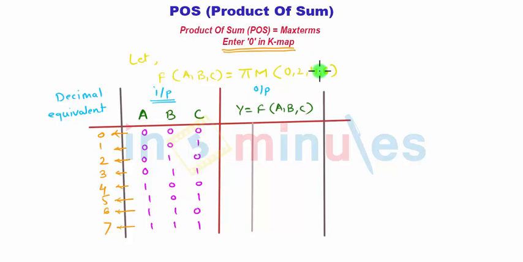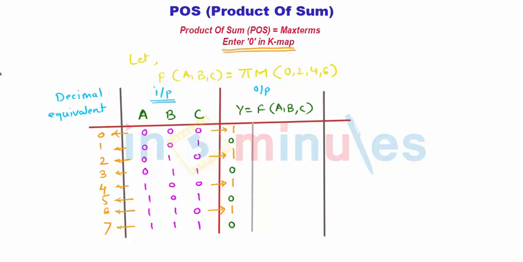First of all, put the outputs as 1 for the max terms which are present in the expression. Max term 0 is present, max term 2 is present, max term 4 is present, and max term 6 is present. For these four I will put 1 in the output section, and otherwise I will put 0 for the rest of the terms.